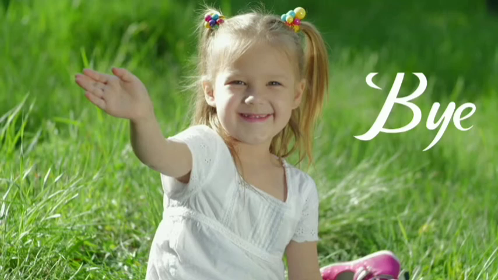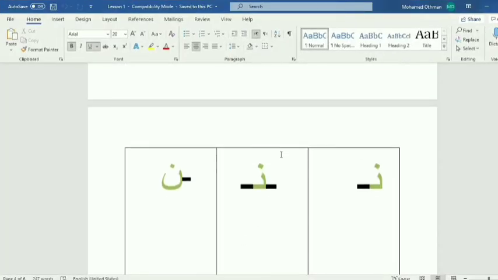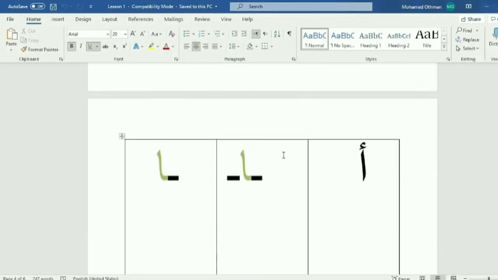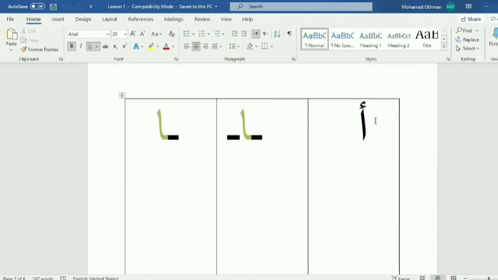Let's talk about our homework. In the Word file, you will see the letter Alif, for example, in three columns.